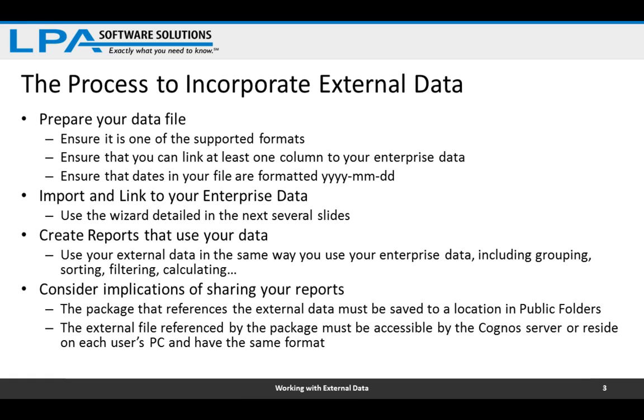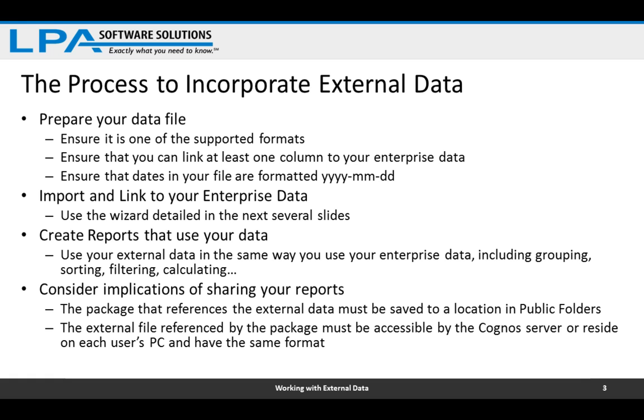Once you've created a new package, so what this does is you pick the package by opening Report Studio and picking a package, or open CWA, pick a package. Invoke the wizard. The wizard assumes you're going to attach the file you are going to identify to the package you have open.